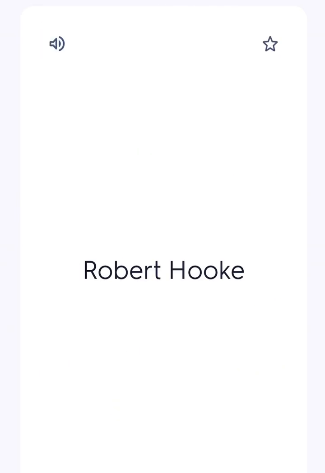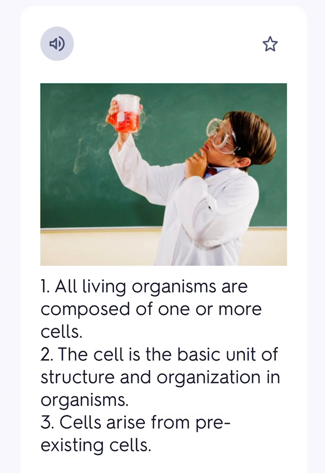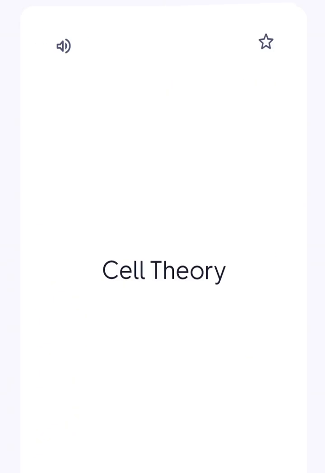Robert Hooke. 1. All living organisms are composed of one or more cells. 2. The cell is the basic unit of structure and organization in organisms. 3. Cells arise from pre-existing cells. Cell theory.